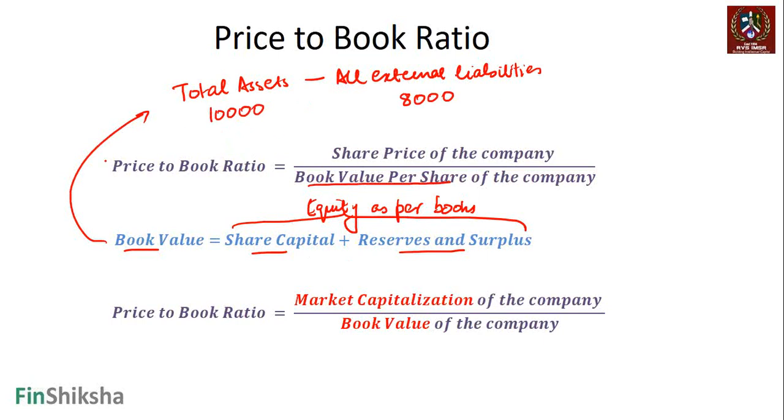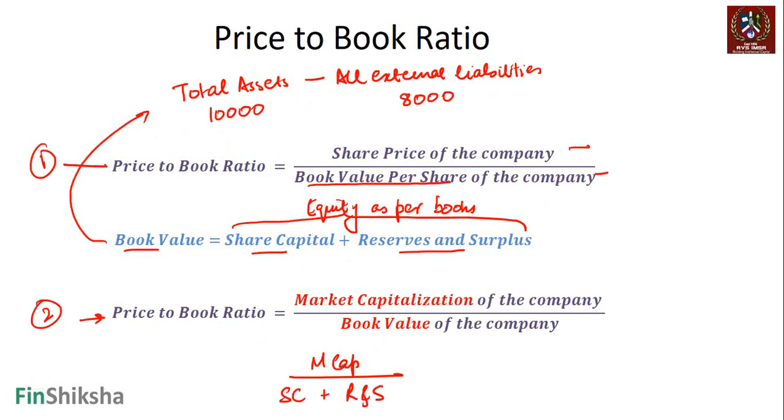If I take this equation 1 and multiply the numerator and denominator by the number of shares, I get equation 2: price to book ratio is equal to market capitalization divided by book value. Rather than finding the book value per share, I can just take the market cap divided by the share capital plus reserves and surplus.